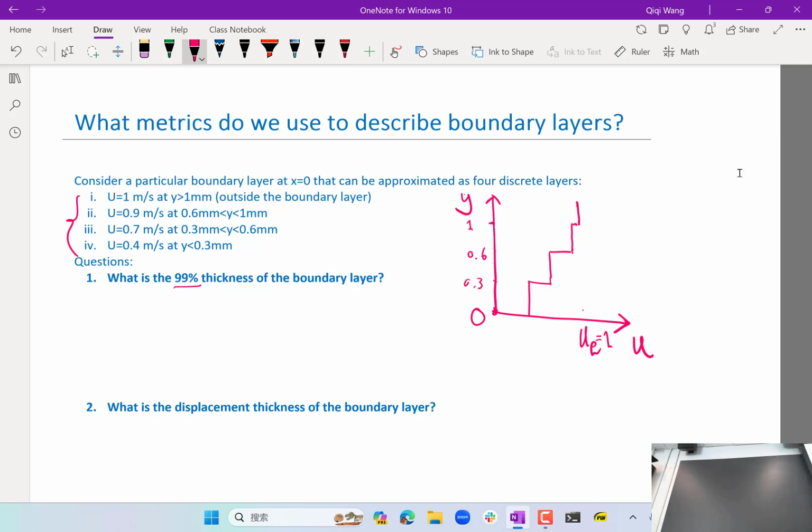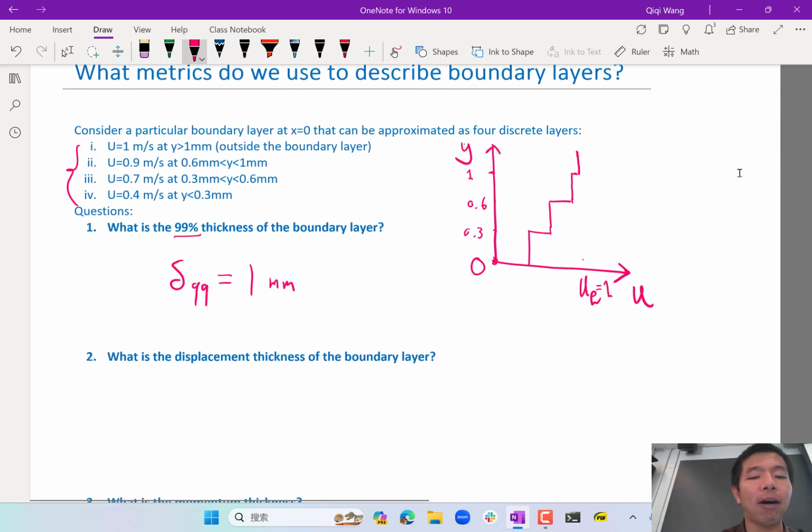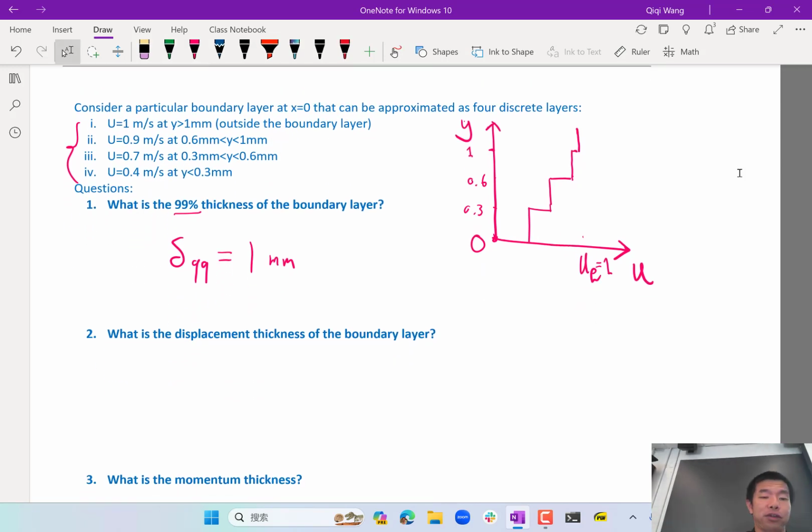Because in this layer, the velocity is still 10% away from the edge velocity. Only when you go above 1 millimeter, the velocity is completely equal to the edge velocity. So delta 99 is equal to 1 millimeter. That's basically according to the definition. These questions are all answered by following the definition.